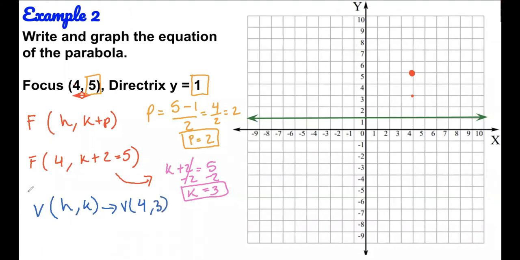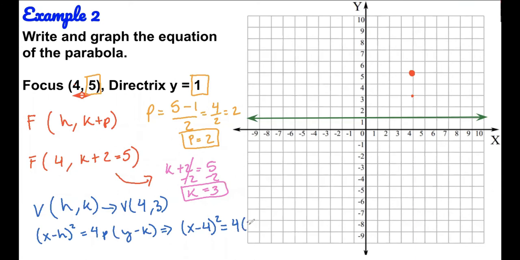And now we can go ahead and write our equation. So we have x minus h squared equals 4p times y minus k. Let's substitute the values. H is 4, squared, equals 4. P in this case is not 1.